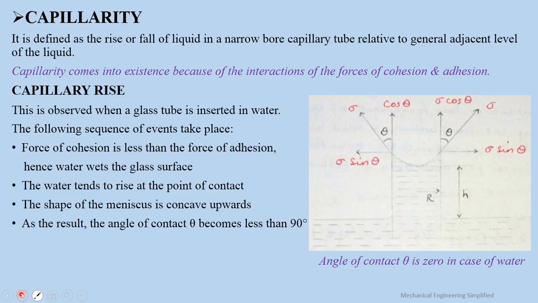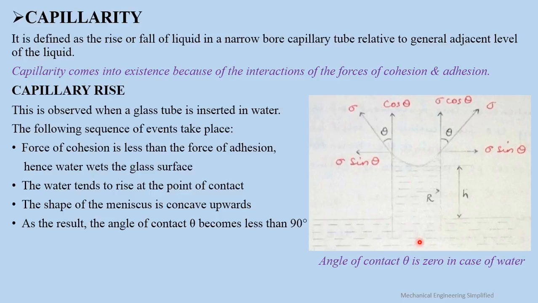Okay. Then another important property, known as capillarity. What is it? It is defined as the rise or fall of liquid in a narrow bore capillary tube relative to the general adjacent level of the liquid. See what happens.